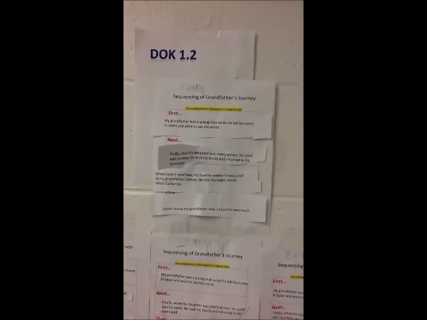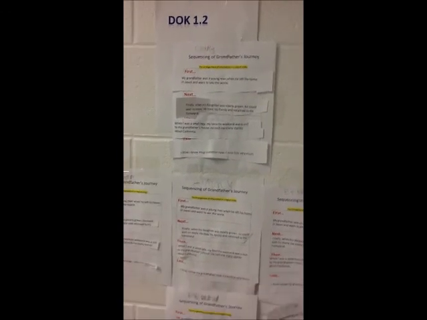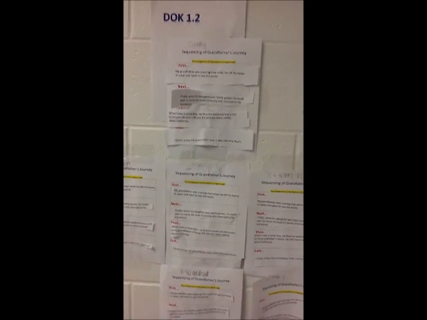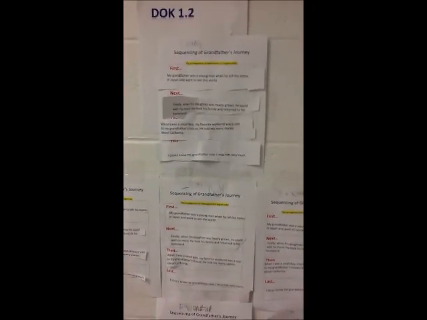This is Mallory James's Title I Mastery Matrix for sequencing. The first thing I started with for DOK1 is that I explained what sequencing was and gave students examples of sequencing.